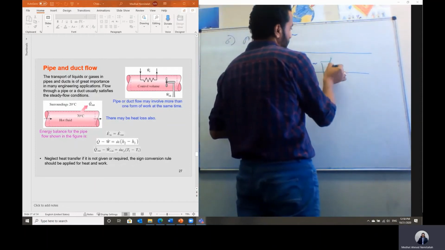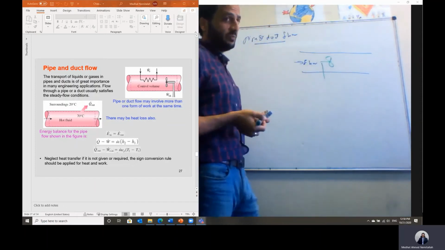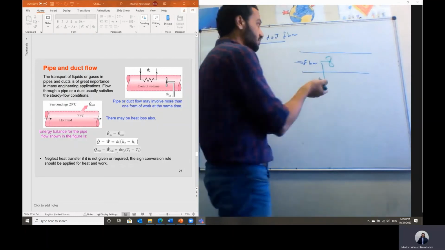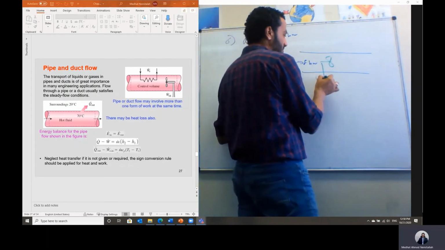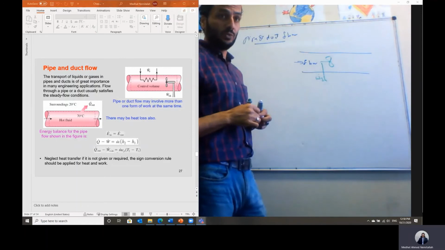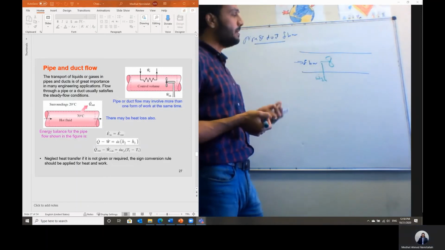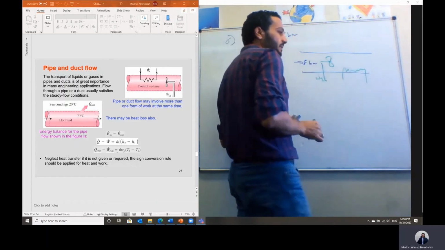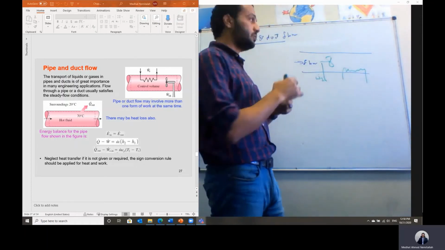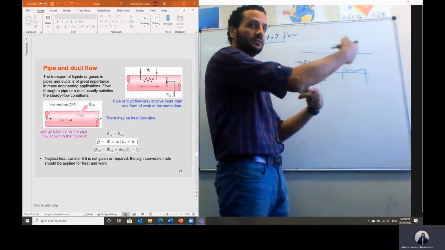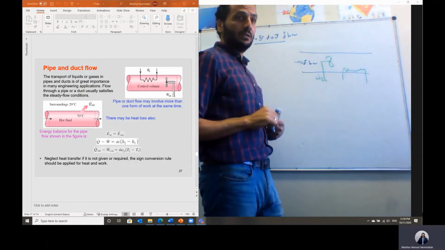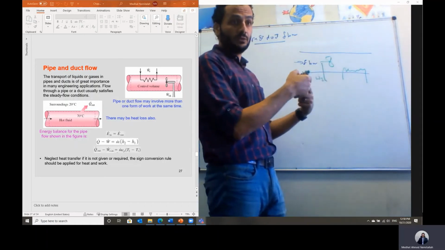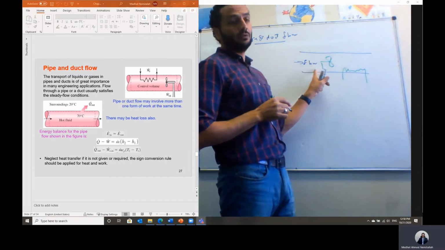So in this case, we may have a fan or shaft, as in the case of a hair dryer. If we have something like this, that will mean we have shaft power input to the system. In some cases, in transporting, let's say, oil in cold weather, usually they have an electric heating coil coiled around this tube in order to heat up the flow inside.